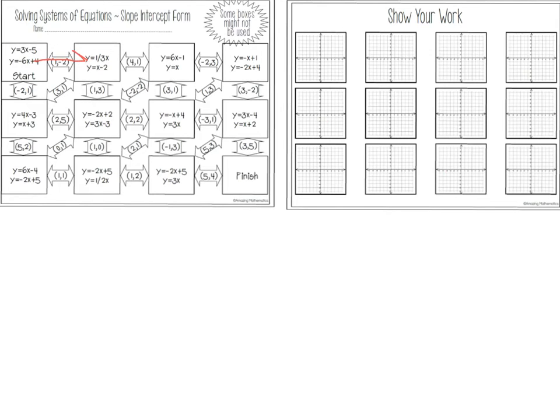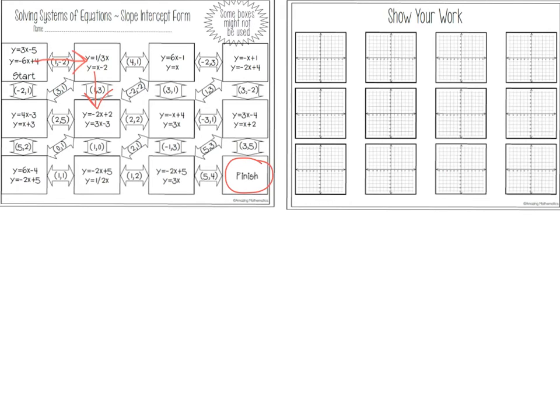So you're going to draw an arrow leading yourself to that next box. Then you graph this one. And now you're going to find out that one of your answers is (4, 1), (1, 3), or (3, 1). Whichever answer it ends up being, that's going to lead you to the next box. So you're going to keep working your way through the maze until your ultimate goal is to get to the finish here.